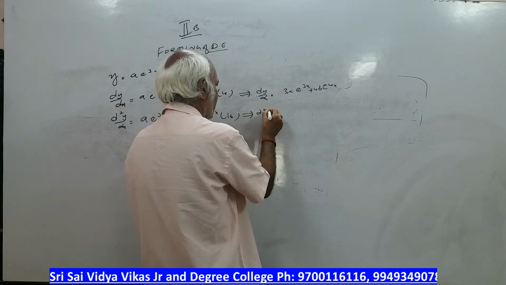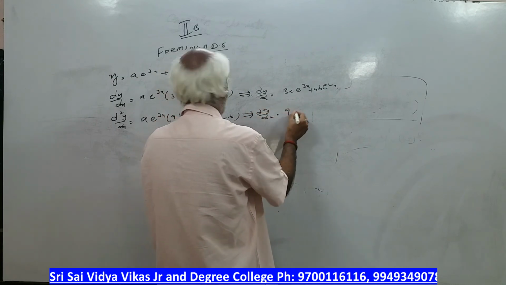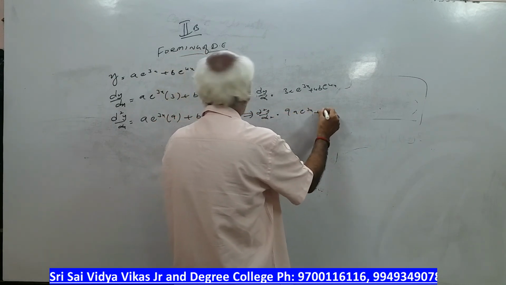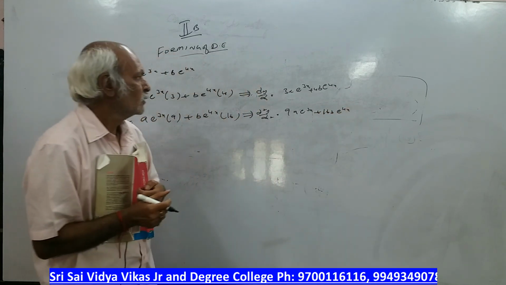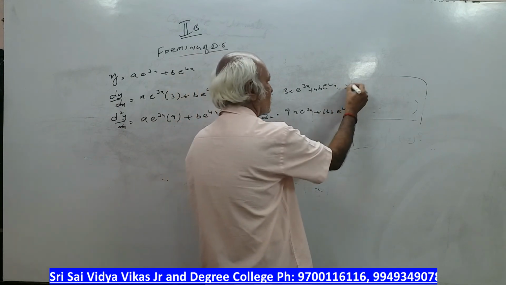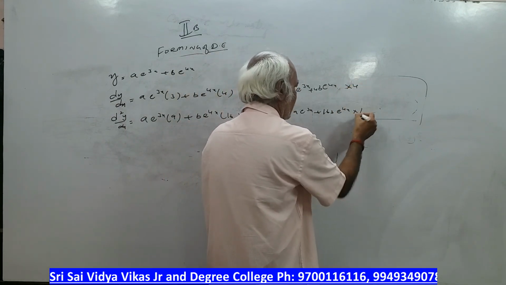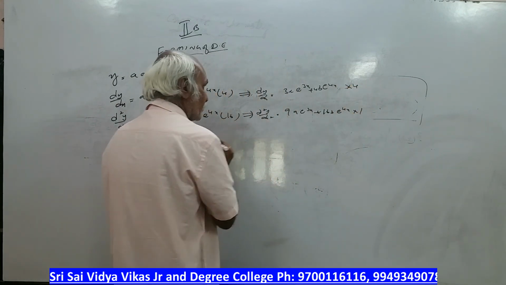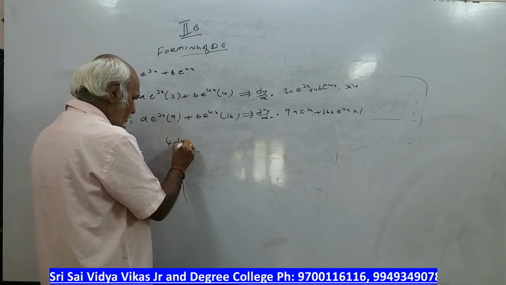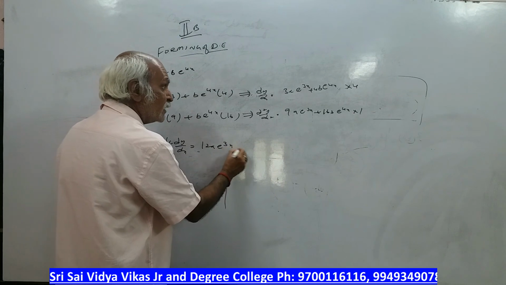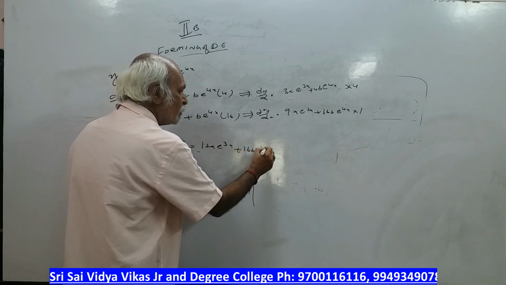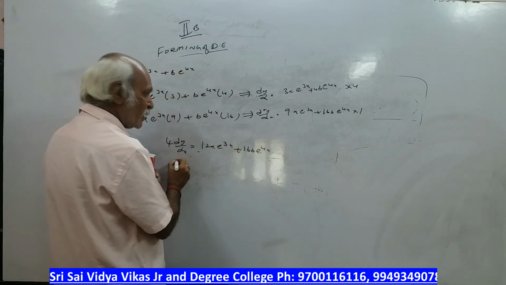What is d²y/dx²? 9a e^(3x) plus 16b e^(4x). So multiply with 4. What I am doing here, observe here. 4 into dy/dx is equal to 12a e^(3x) plus 16b e^(4x). Here we are multiplying by 1.